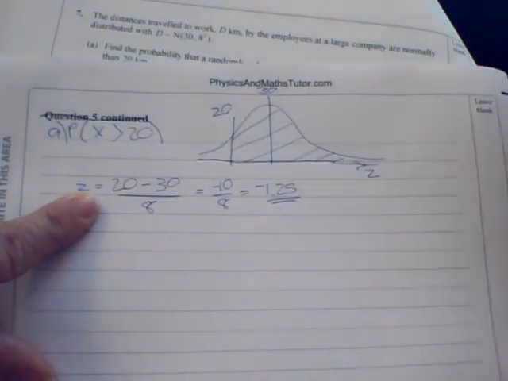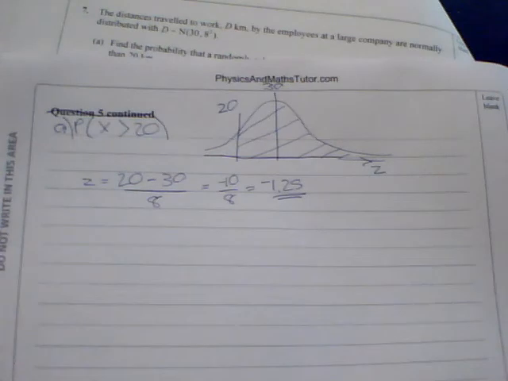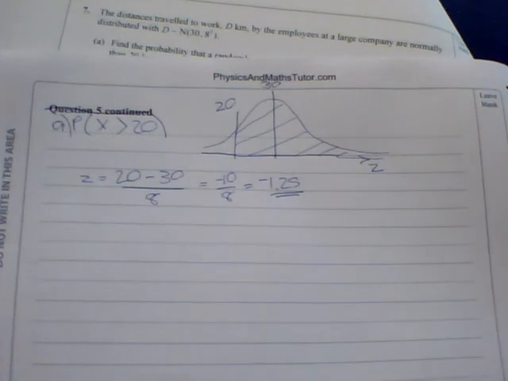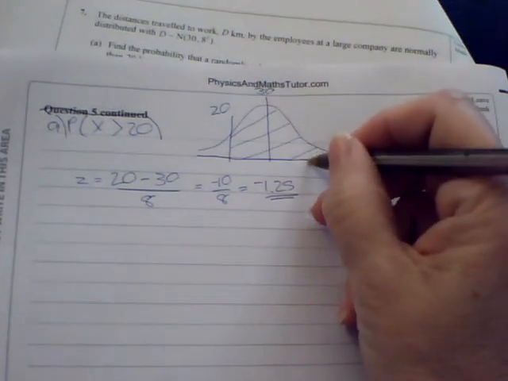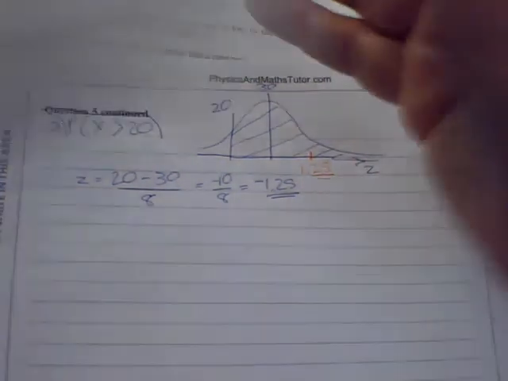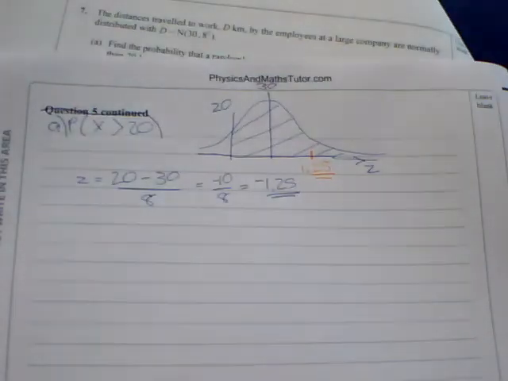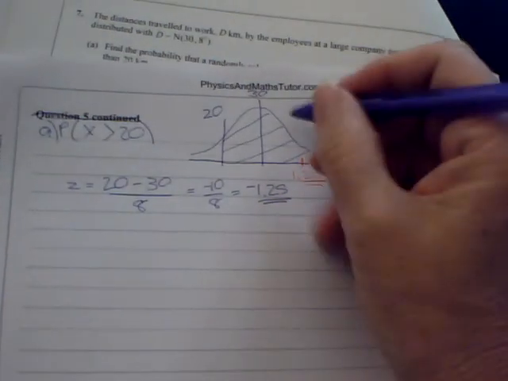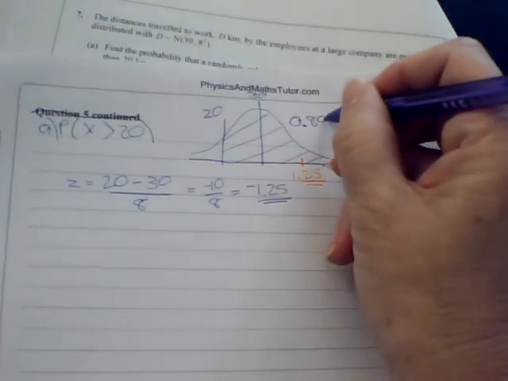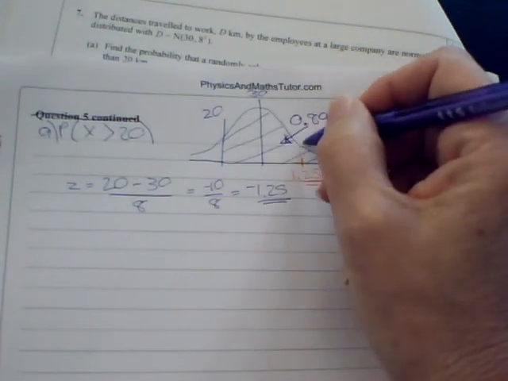Right, so let's go to our tables. Don't forget that's our Z value, so we can't find a minus; we're going to have to find the figure for 1.25. So 1.25 as a Z value has a probability of 0.8944. That's the area under the curve at this point.